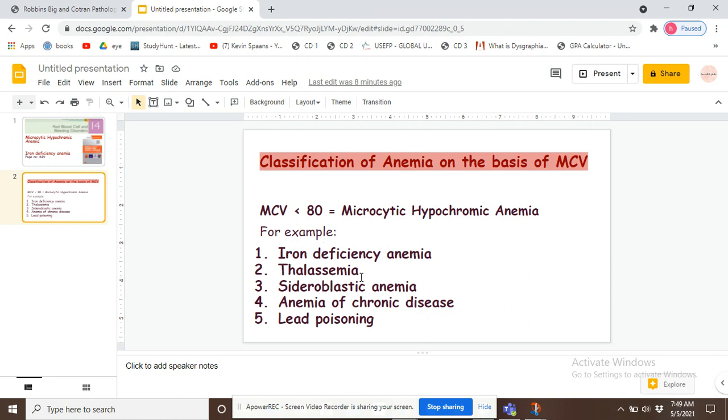Second is thalassemia, then sideroblastic anemia, anemia of chronic disease, and the last is lead poisoning. These all five conditions cause microcytic hypochromic anemia. So in today's lecture, we will discuss one of them, which is iron deficiency anemia. Let's start iron deficiency anemia from Robbins and Cotran.